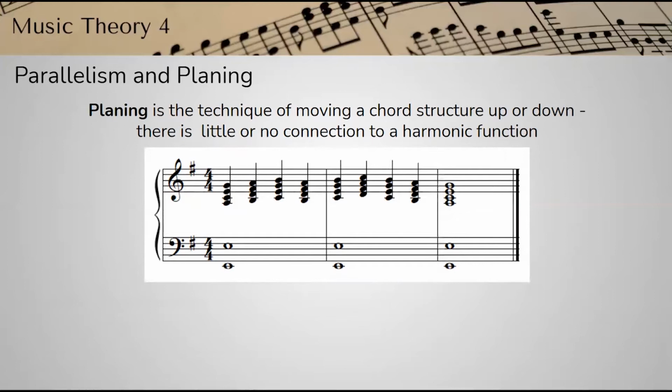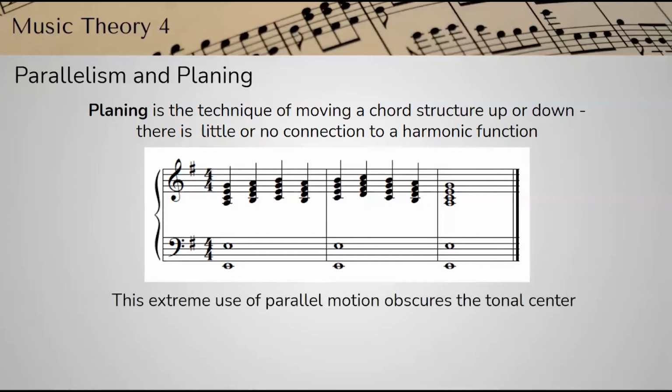So it makes the tonic a little bit unclear. I mean, you have that pedal E, right? So maybe E minor is the key, but it starts and ends on an A minor 7 chord. There's not really any B7 that leads us back to E, right? It could be G, but I don't see any G chords in here. So there's that ambiguity, and this extreme use of parallel motion. Every chord has a fifth in it, which serves to obscure the tonal center.